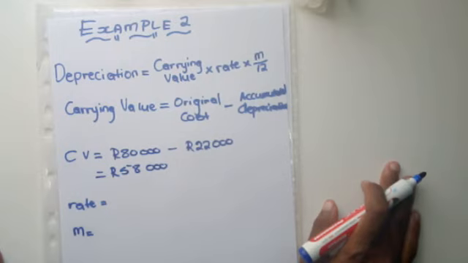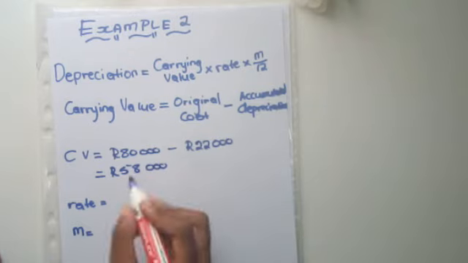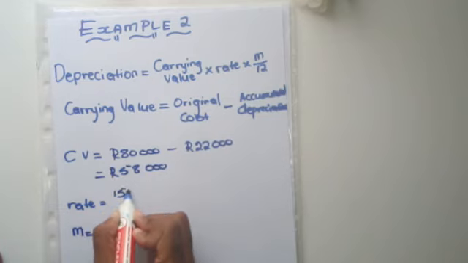So I have my carrying value. I can go on and find my rate, which is my depreciation percentage, given as 15%, so 15 over 100.